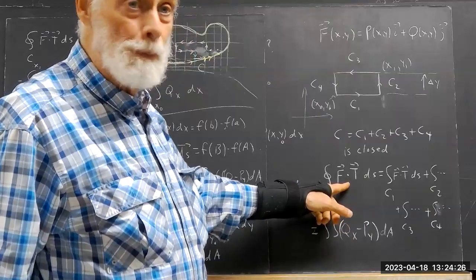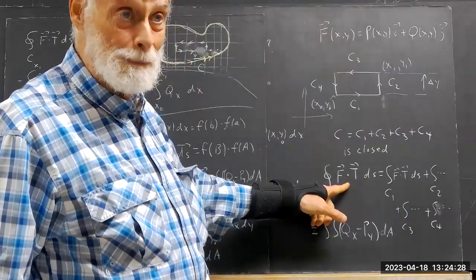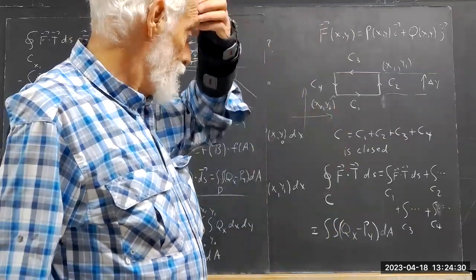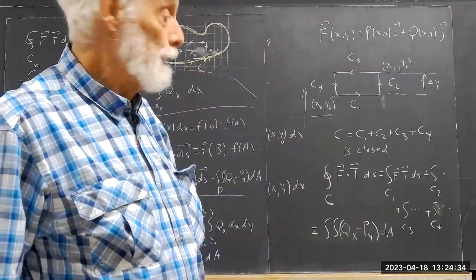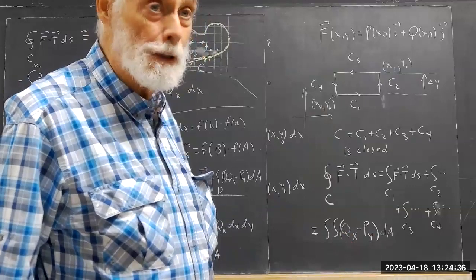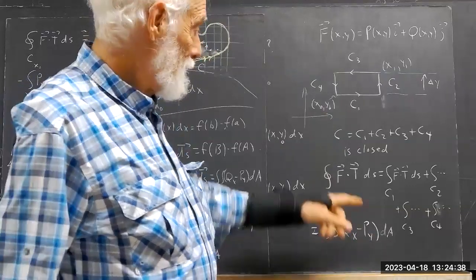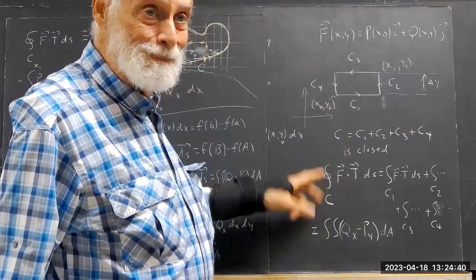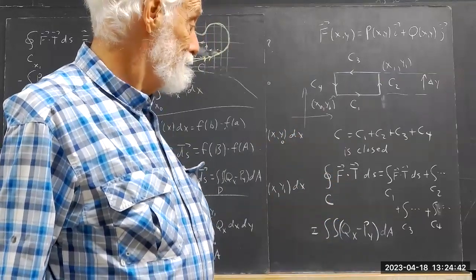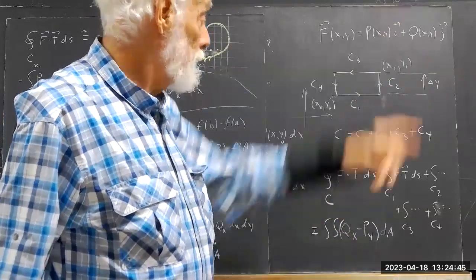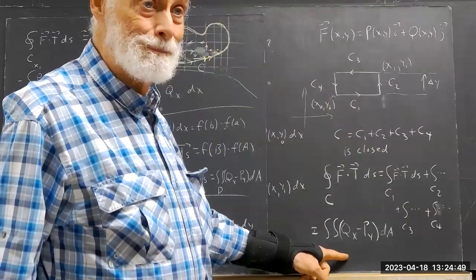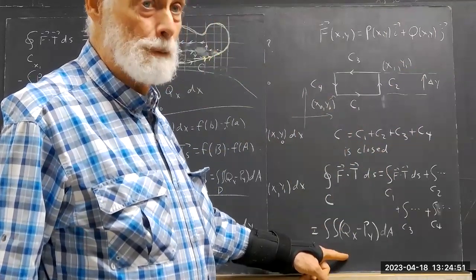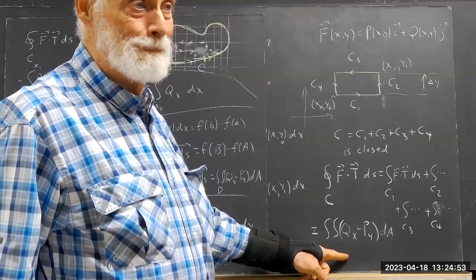What you do is set up the line integral, which might be a whole lot simpler. You just pick a Q and a P such that this is 1. You could let P equal 0 and Q equal x, and integrate x dy over this boundary and that gives you the area.